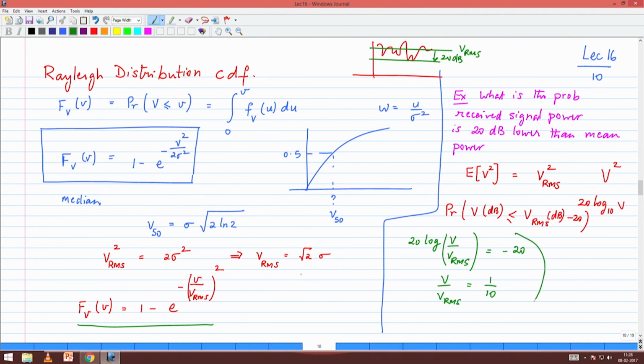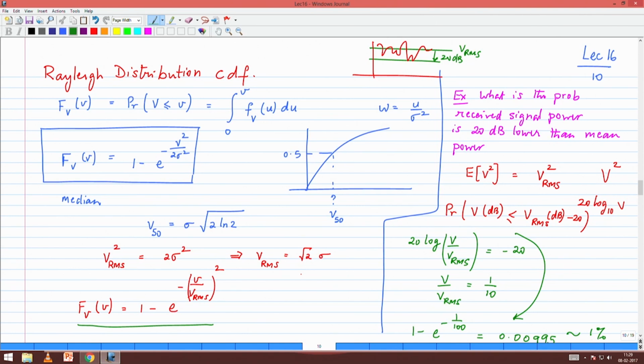So this probability using the CDF can be given by 1 minus e power minus 1 by 100, which is approximately 0.01. Well, let me write the exact value, you can approximate it: 0.00995. Okay. So it's approximately 1%.